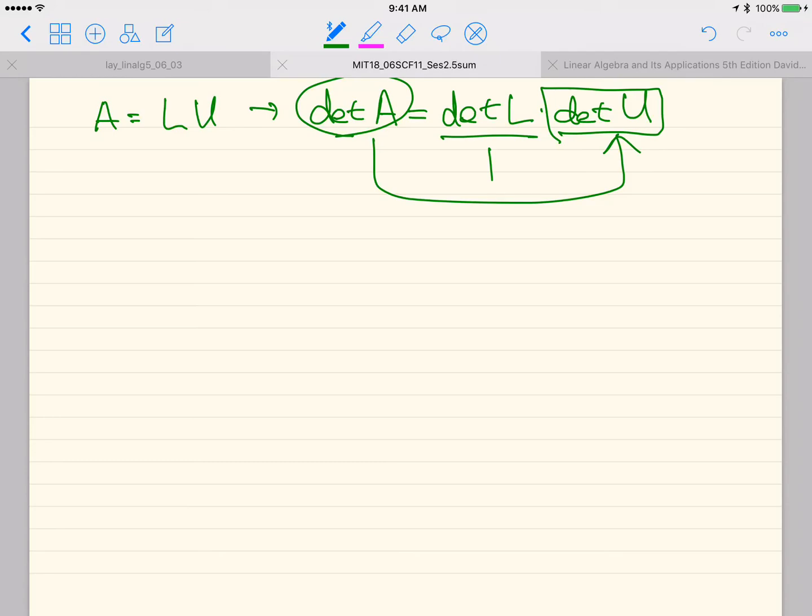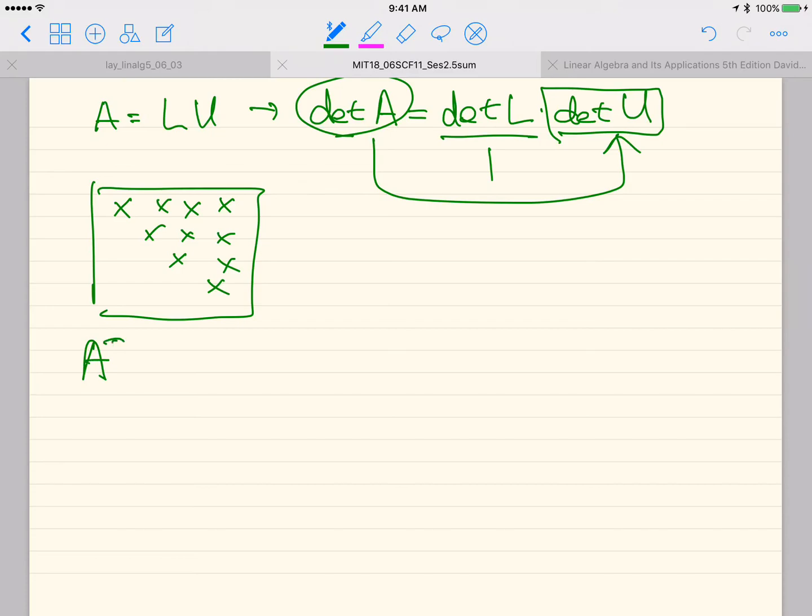And then U will still be a 4 by 4 matrix, and this U will have something like this, right? And so still it's a triangular matrix, and so simply the determinant is the product of all the diagonal elements.